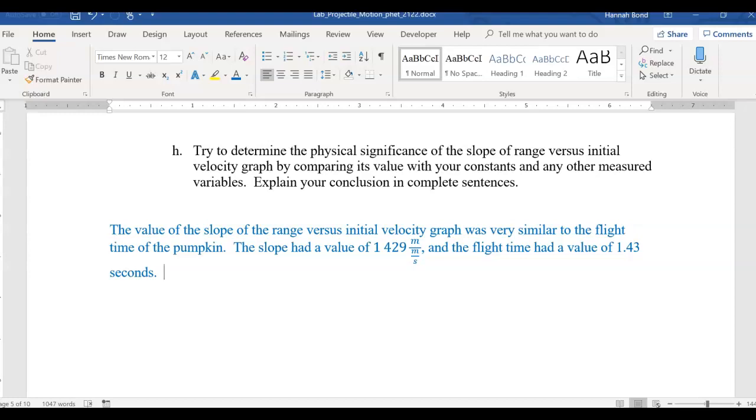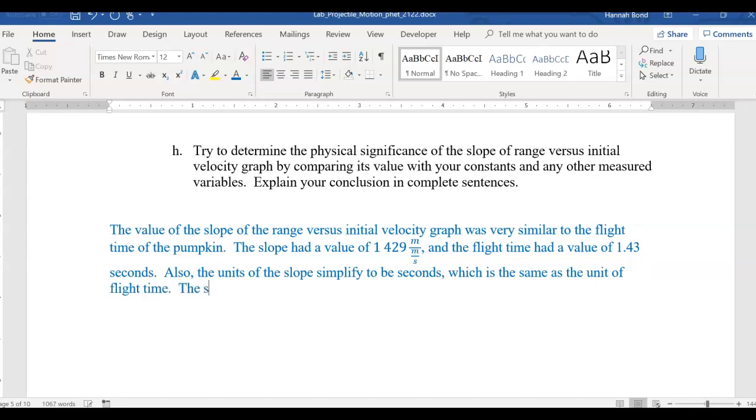Let's look at the units of that slope. I'm going to say also the units of the slope simplify to be seconds, which is the same as the unit of flight time. Let's show how that happens. We had units of meters per meter per second.